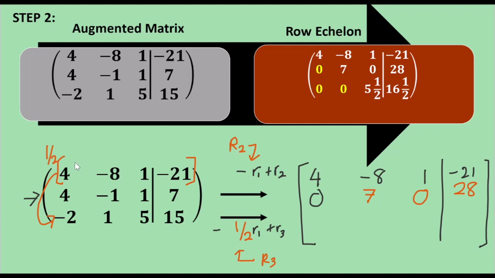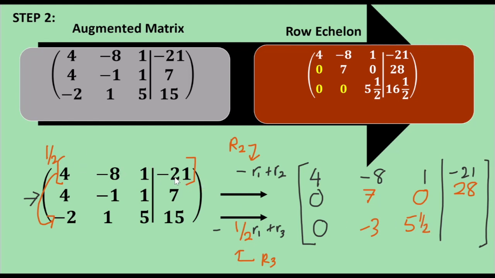So this gives us 2 minus 2 as 0. Half times minus 8 would be minus 4, plus 1 gives us minus 3. Half multiplied by 1 is half, plus 5 would give us 5.5.